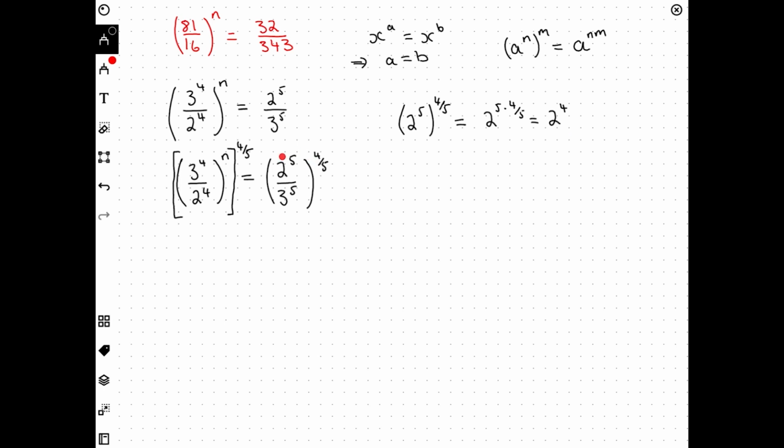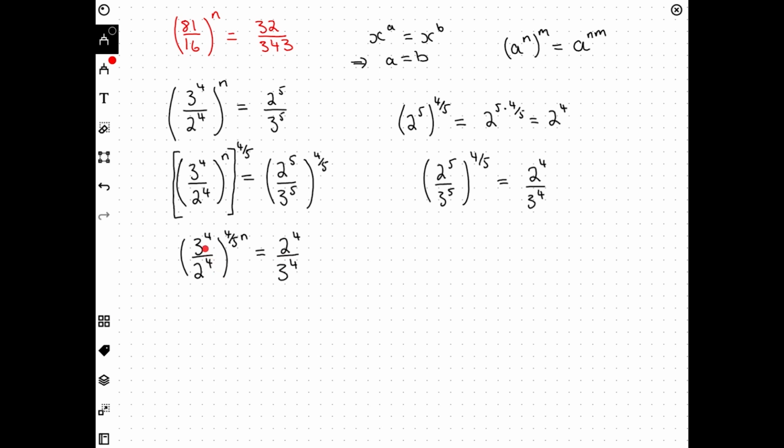So this here, 2 to the 5 over 3 to the 5, to the 4 over 5, will equal 2 to the 4 over 3 to the 4. But because I've raised this side to the 4 over 5, I have to raise this side to the 4 over 5. Now multiply this out and they're starting to look much more similar.